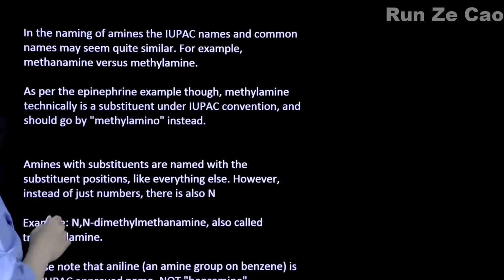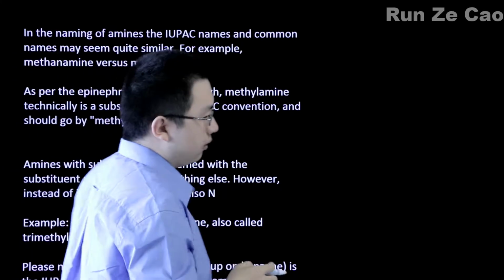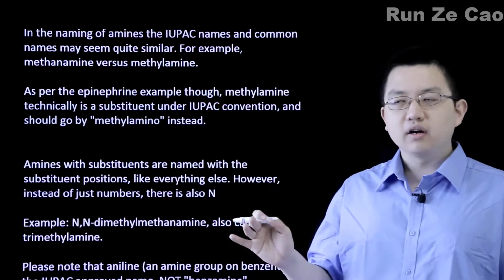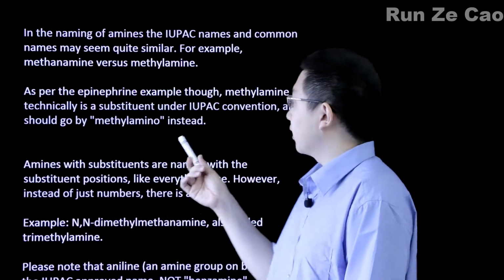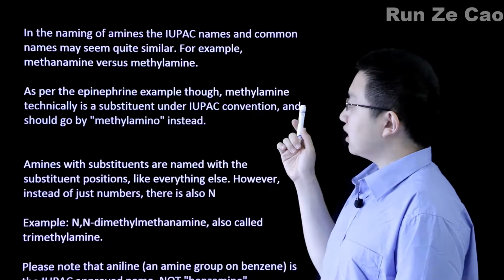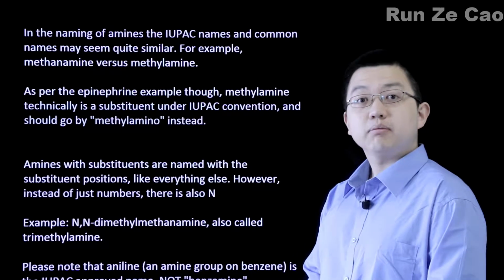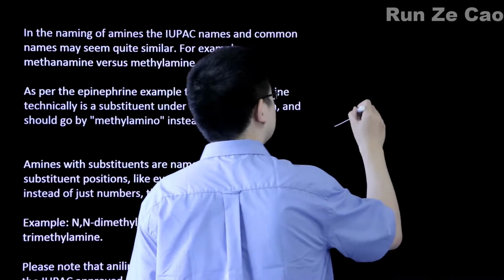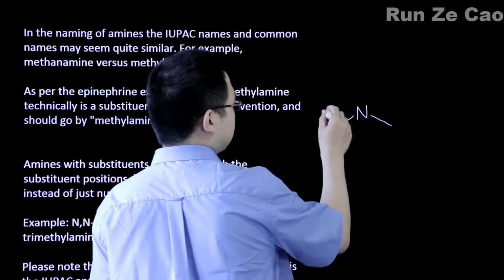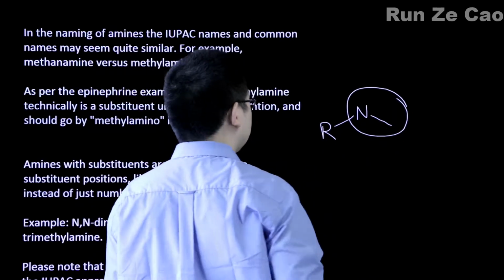Now, as per the epinephrine example, you can accept quite a number of things by IUPAC. Methylamine, as shown above, is technically a substituent, and it means this substituent. So whatever is here, this is a substituent called methylamine.